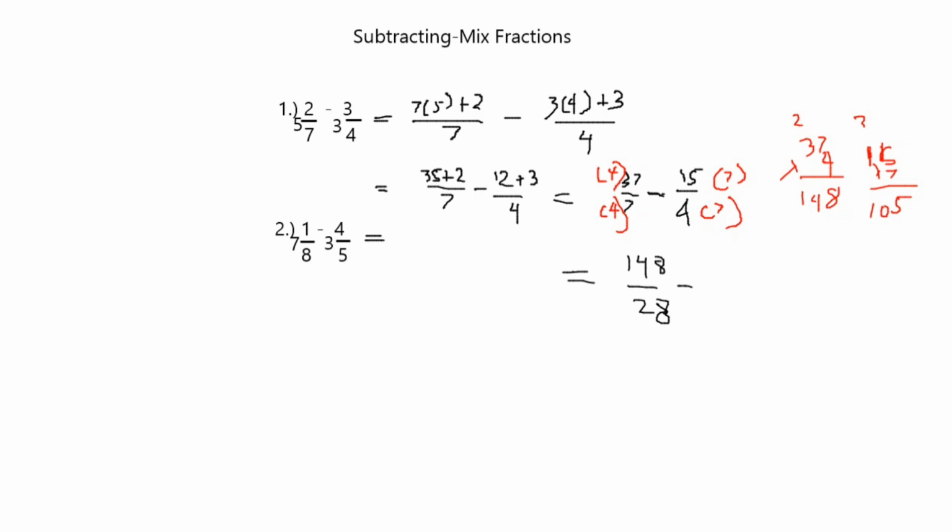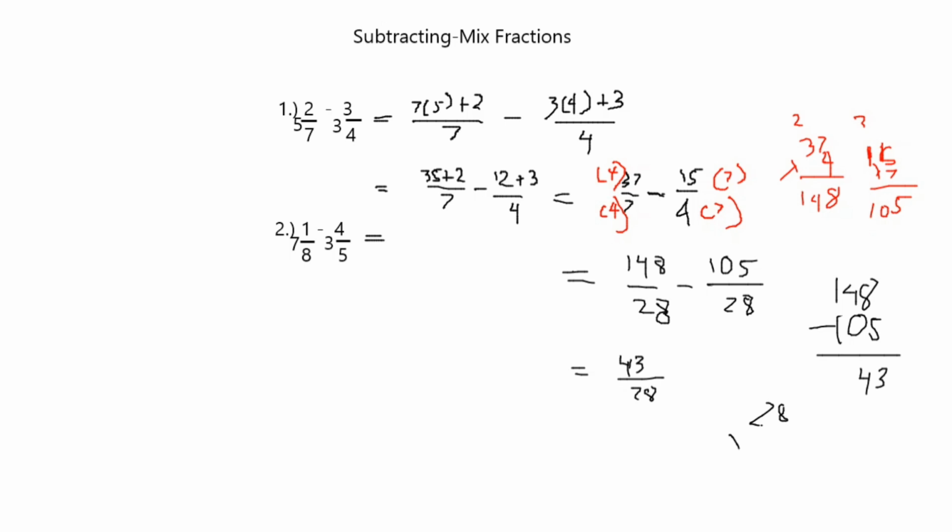And then subtract 7 times 5, which is 105 over 7 times 4, which is 28. So now we're just going to subtract 105 from 148 because right now we have the same denominator. So 8 minus 5 is 3. 4 minus 0 is 4. So 43 over 28.